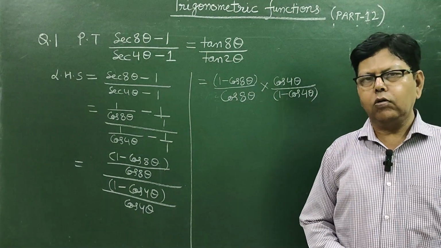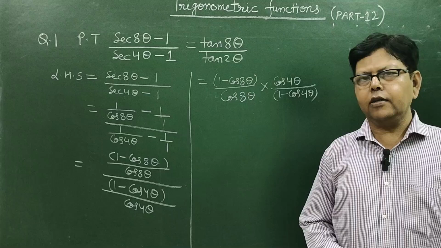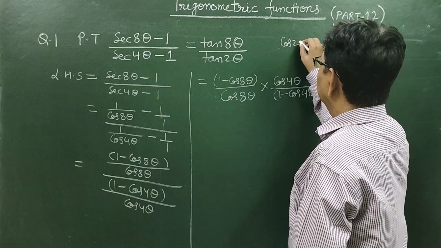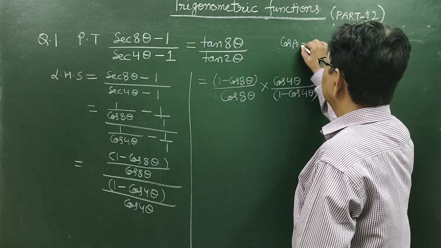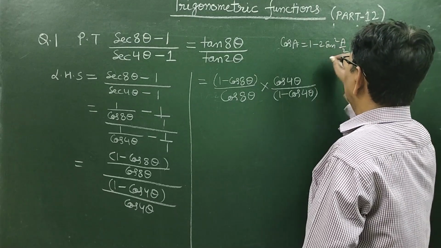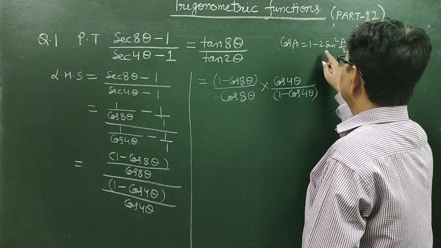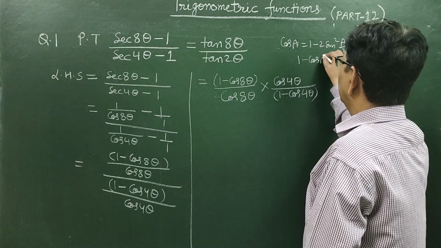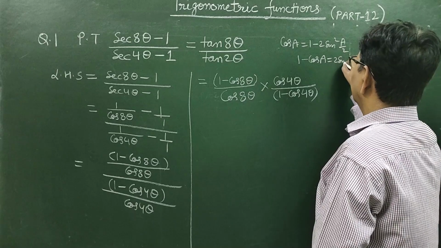As you all know that cos A is equal to 1 minus 2 sin square A by 2. From this we can find that 1 minus cos A is equal to 2 sin square A by 2.